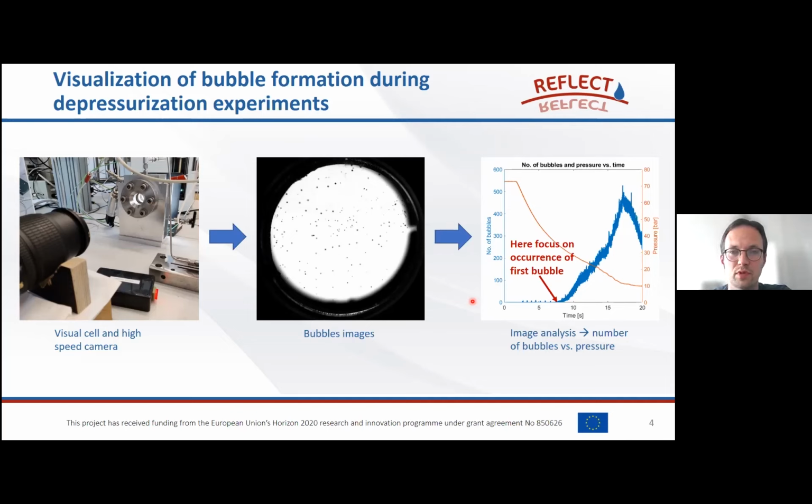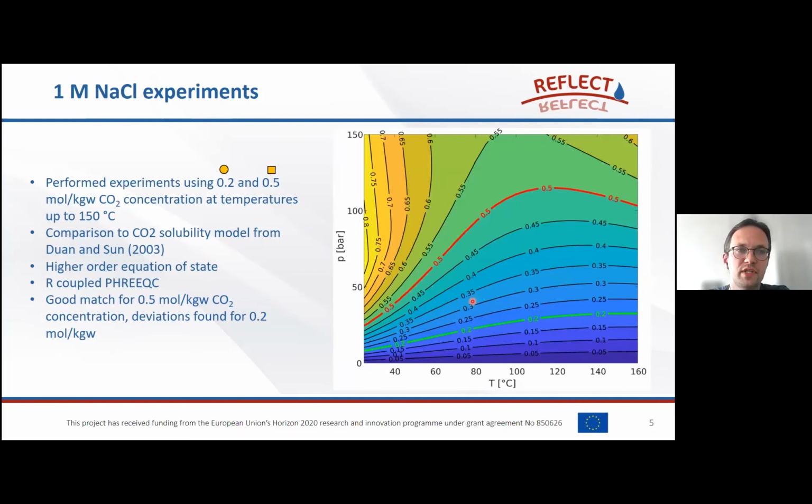But here today I'll be talking mostly about the occurrence of the first bubble and how that compares to our geochemical model. We have two sets of experiments here with two different brine salinities. Our first experiment is using just a sodium chloride solution, where we are doing experiments at 0.2 and 0.5 mole per kilogram of water CO2 concentrations at temperatures up to 150 degrees.